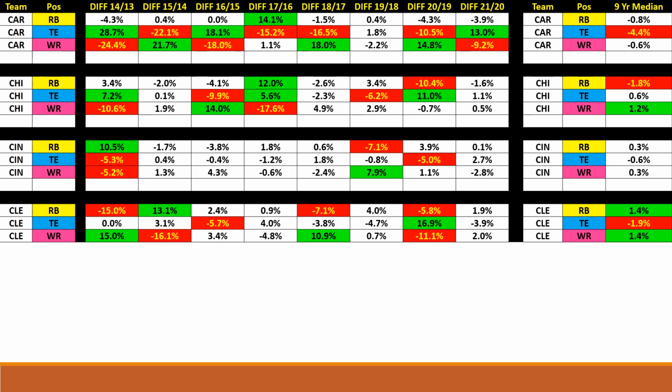Cleveland, same thing, not a lot of changes. Now, over 9 years, the running backs and wide receivers have prospered, but they've been really extreme in 2020 there. Look at all the changes, and they were pretty much relying on their tight end there. And that changed around, so it went down 4.